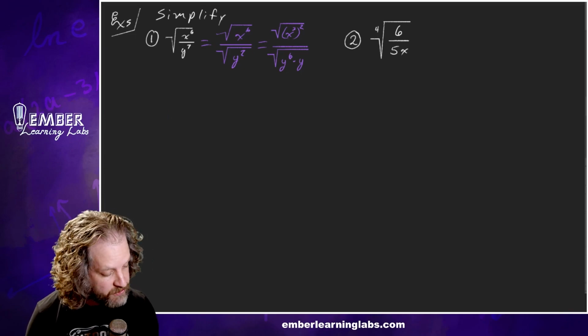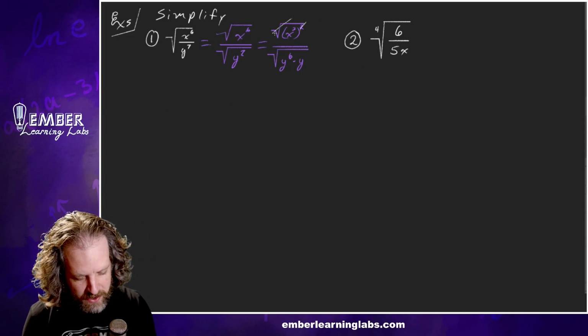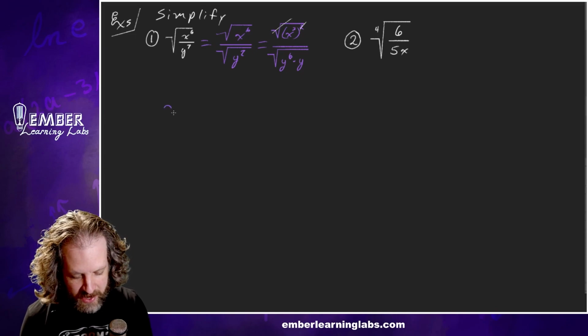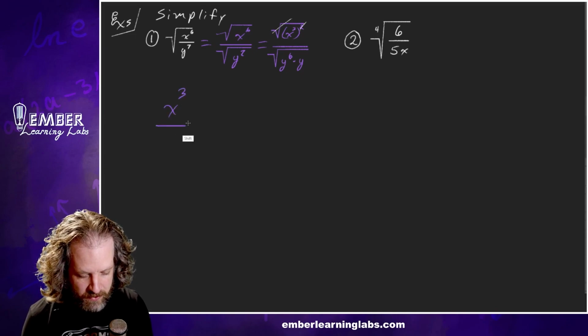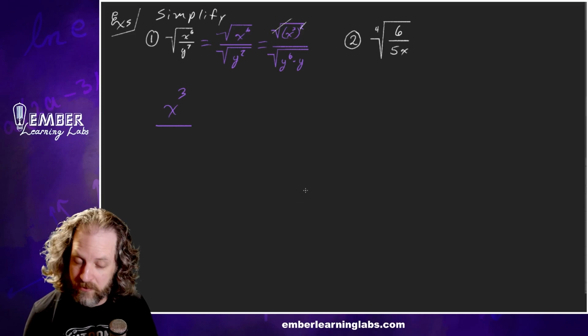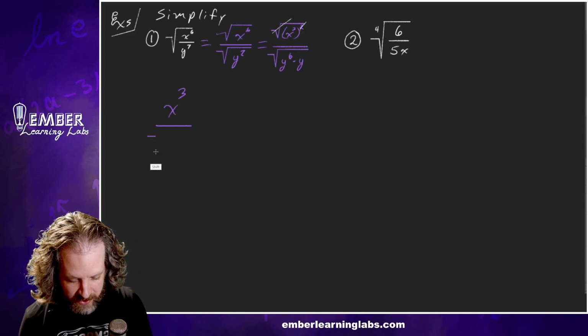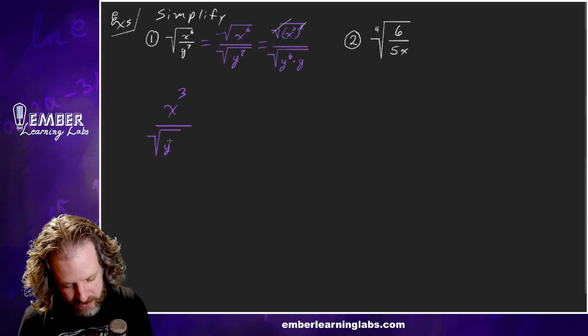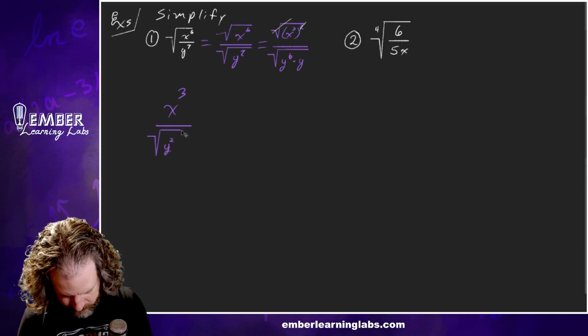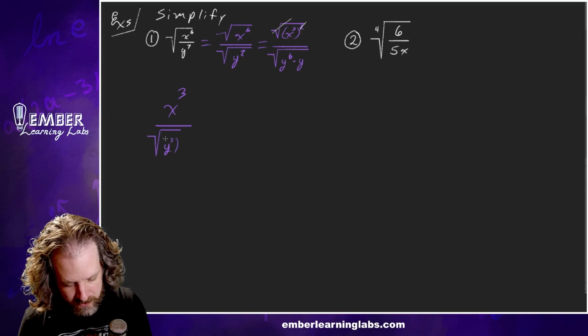So the squared and square root cancel on the top, leaving us with x cubed on the top. And then on the bottom, we end up having the y cubed squared times y, the square root of y, right?